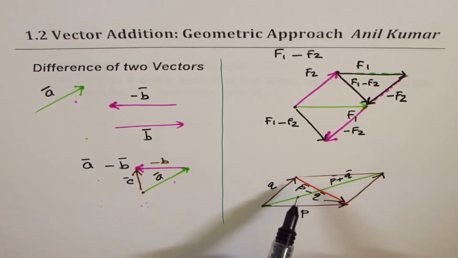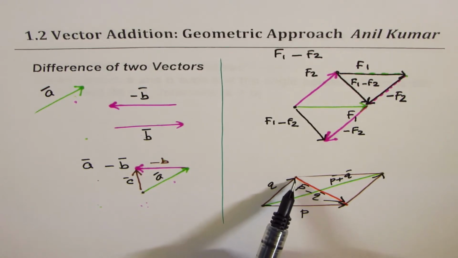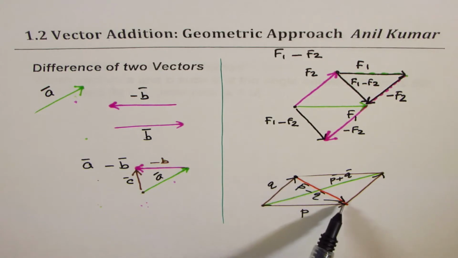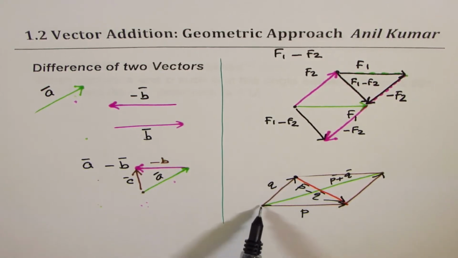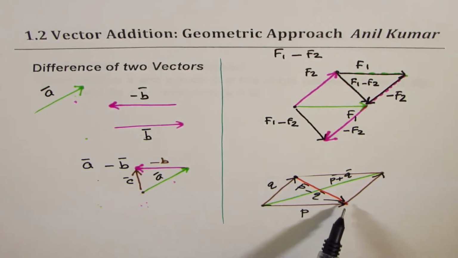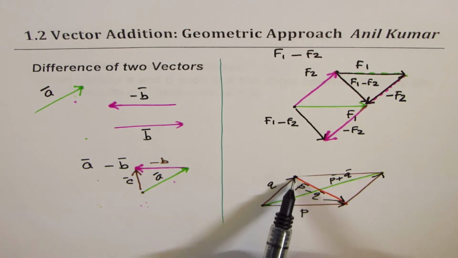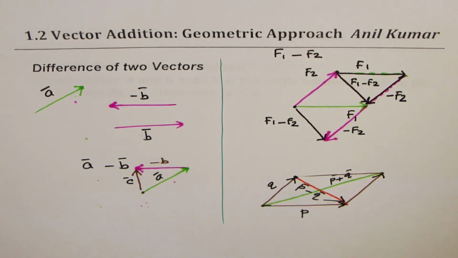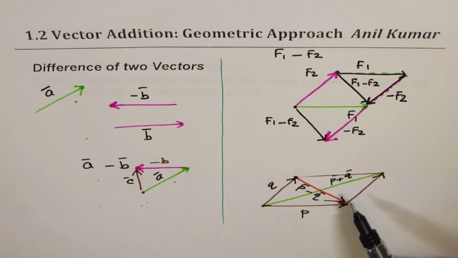So in general, if I have a vector with a tail and then the head, then the vector which points to the head, take away the tail, gives you the difference. Is that clear? We'll take a few examples which will make this point absolutely clear, but I hope you understand the result of adding and subtracting two vectors, right?